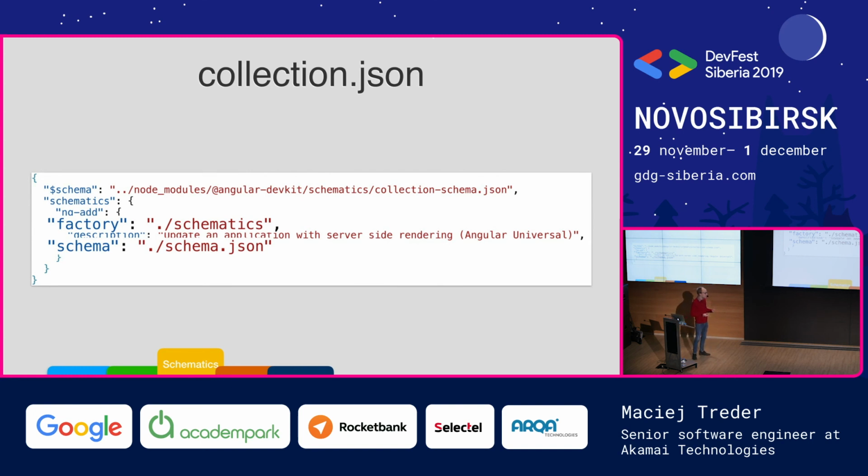Schema represents the options which your user, the library consumer, can use with your schematics. So for example, when you are using the generate command with service and you are typing ng generate service, my service name, then that name is declared in the schema.json file.